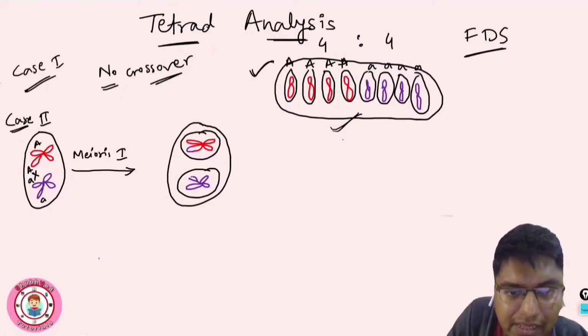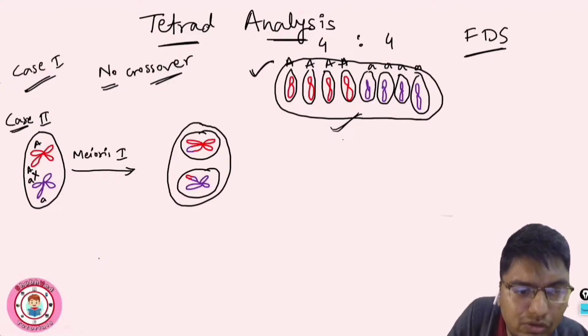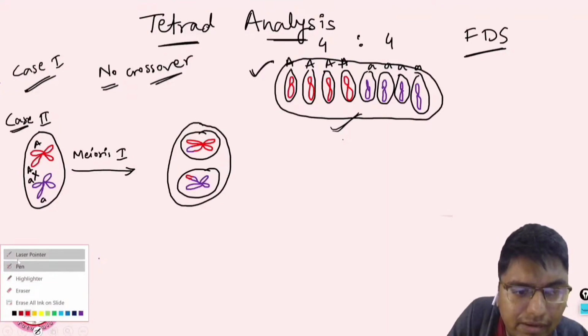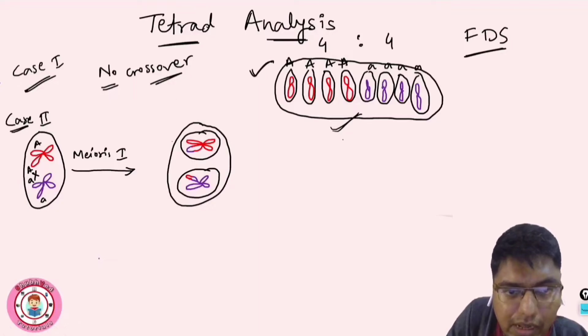There will be this exchange of chromosome as well. So now this is small a, capital A, small a, then capital A again, and then small a.